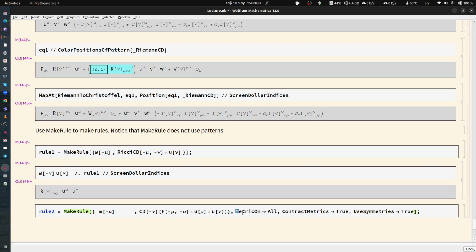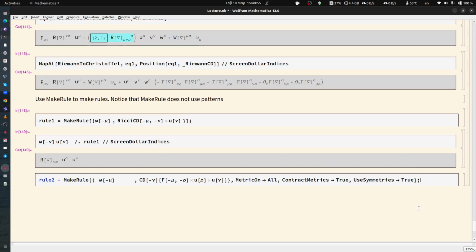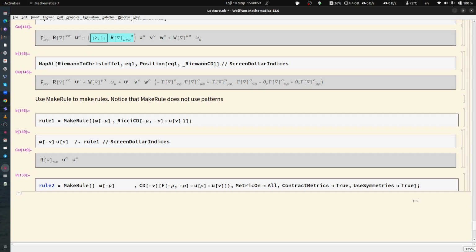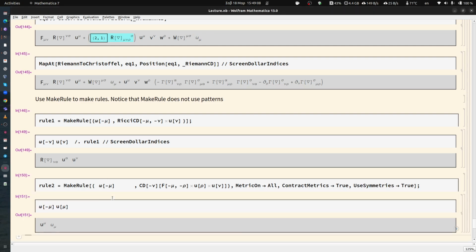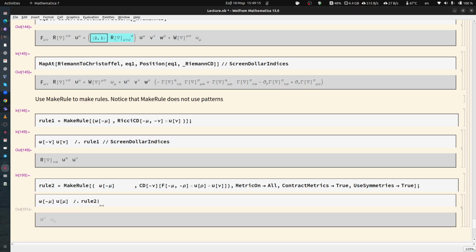Now here we see some options that can be turned on and off. I think these are the default options, so this is just for displaying the possibility of using those options or not using them if you want. So we can now write this expression here and apply rule number 2 to it.